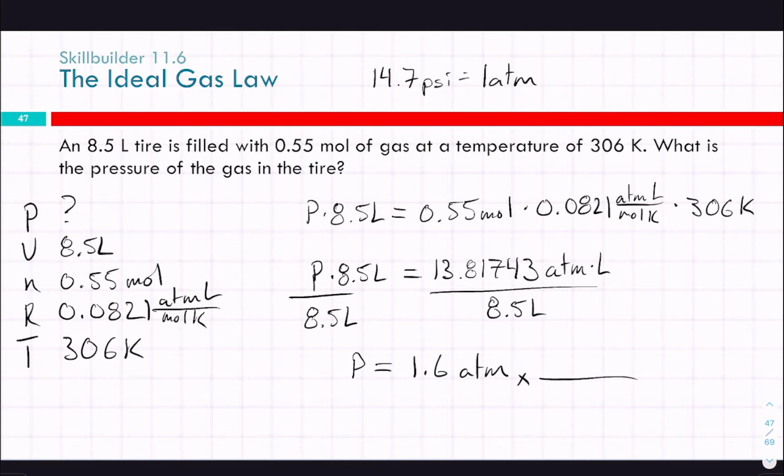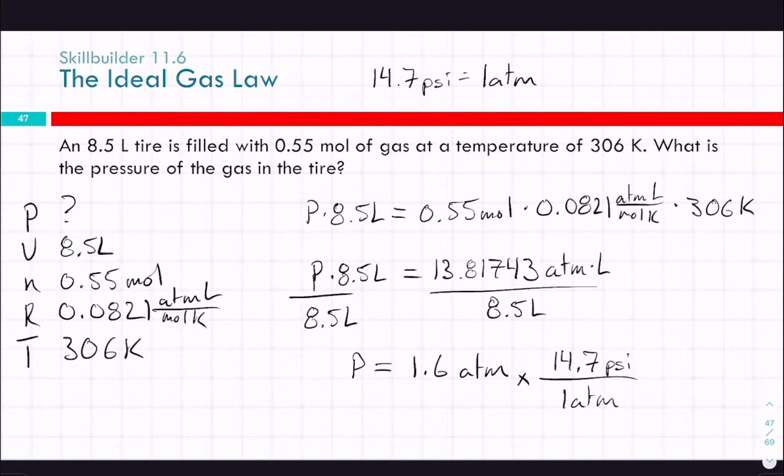So I'm going to multiply this by, what do I put on the top? What do I put on the bottom? And then it's 14.7 PSI on top.